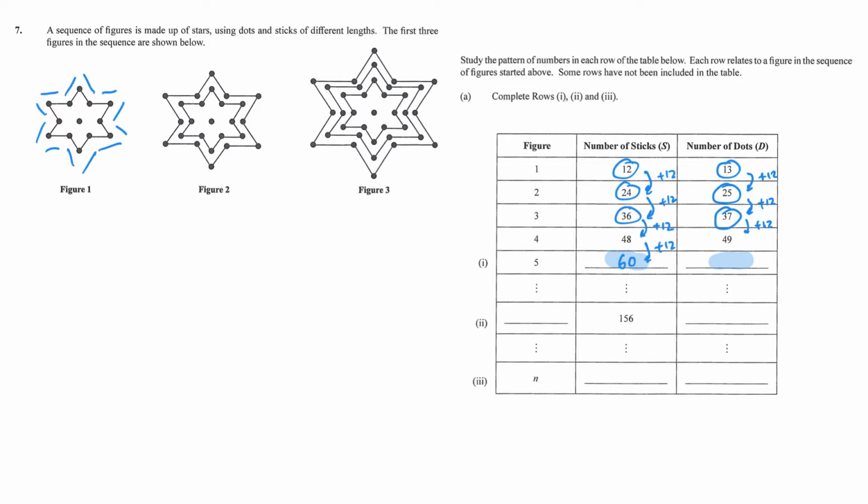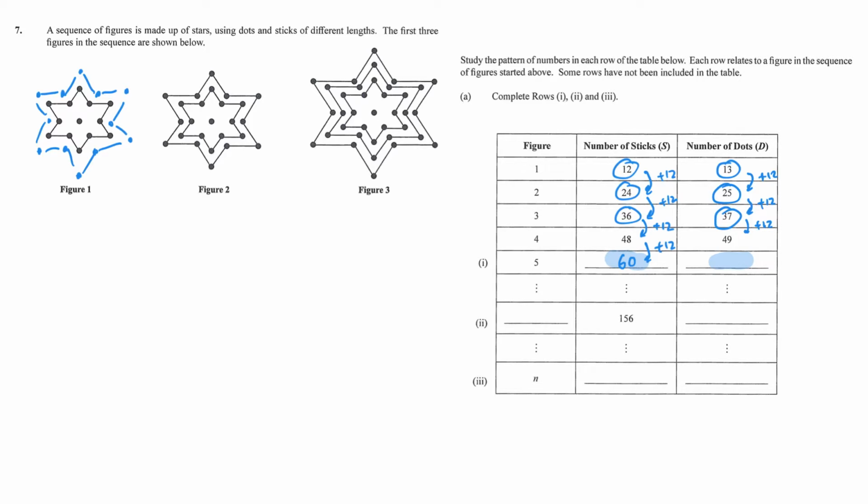And this should make sense in terms of our picture as well. If I go back to figure 1 and I want to try to get figure 2, I would add in 1 dot here, 2, 3, 4, 5, 6, 7, 8, 9, 10, 11, 12. And this pattern keeps on going because each time we're adding in the same star that's only a little bit larger.